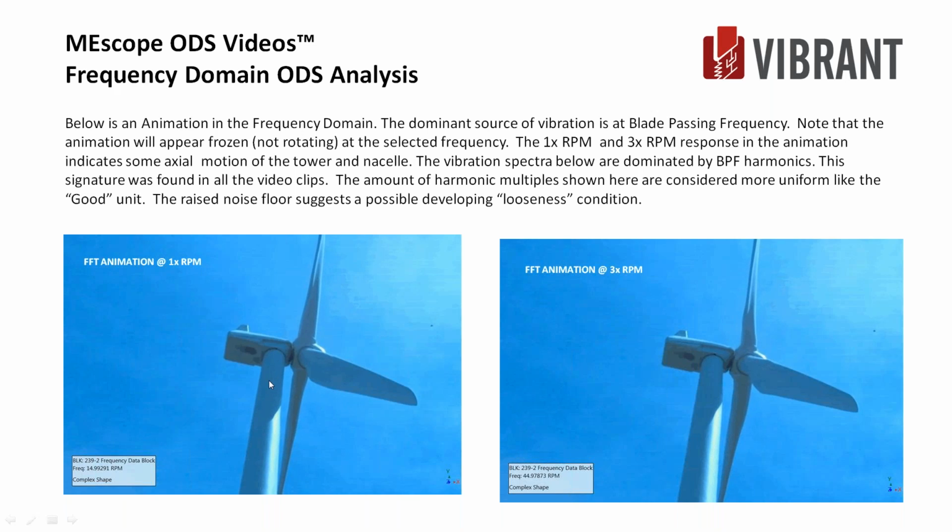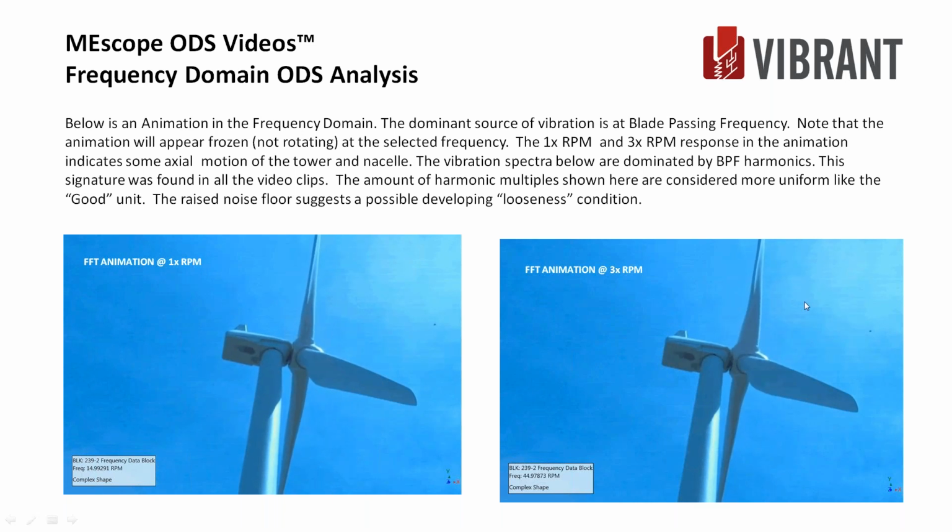So I have my cursor in the frequency domain on 15 RPM, and I'm seeing kind of a misalignment looking response, but the blades are really flexing. So they're going past that tower and they're getting a good kick every time. It's impossible to see it in real-time speed, but very, very interesting to see in low speed like this.